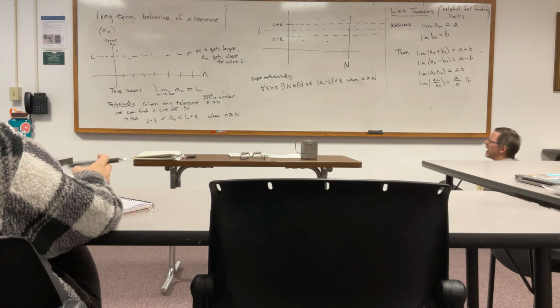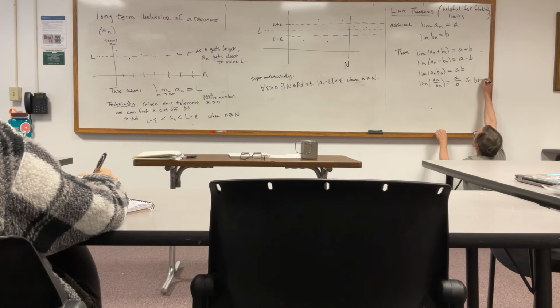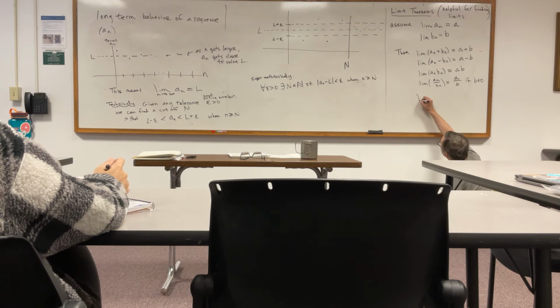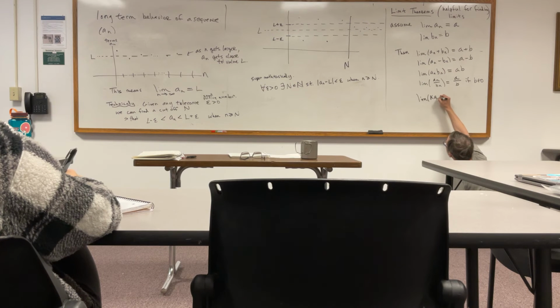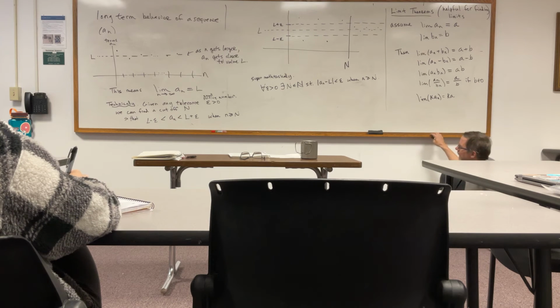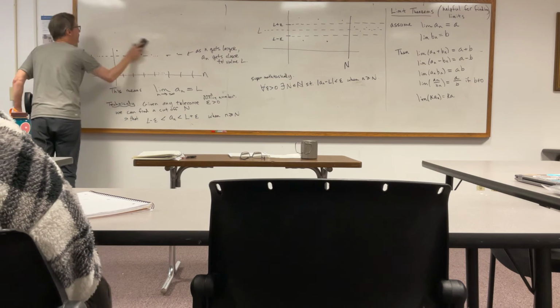We don't want the denominator to equal 0. Yeah, provided that b is not 0, then all is good. And then one last one, the limit of a constant, let's say k times a sub n, is just k times the limit. So let me show you what I mean. How would I use this?